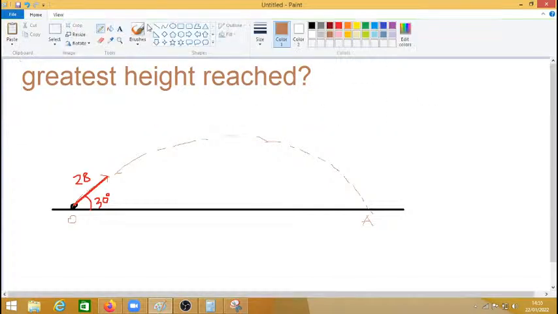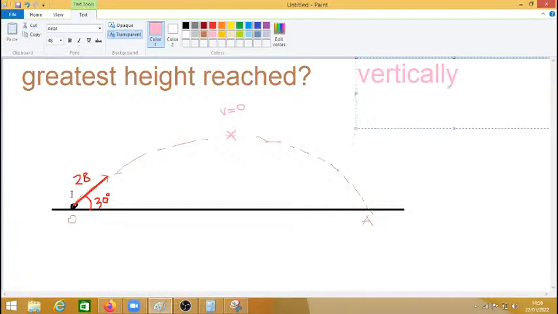Okay, so let's begin. Bismillah ar-Rahman ar-Rahim. The first thing is, where is that greatest height? We know it's going to be right in the middle, just here. And what's special about that greatest height? We know that the vertical velocity is equal to zero. So let's see what we do know vertically.